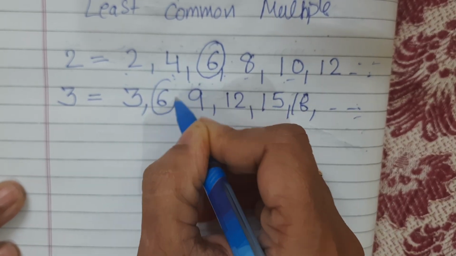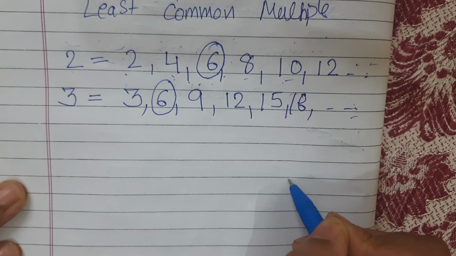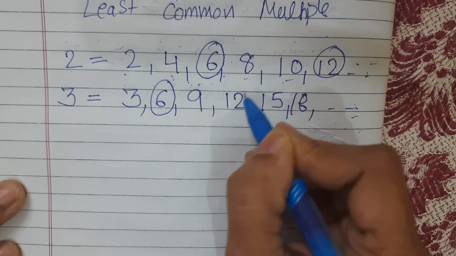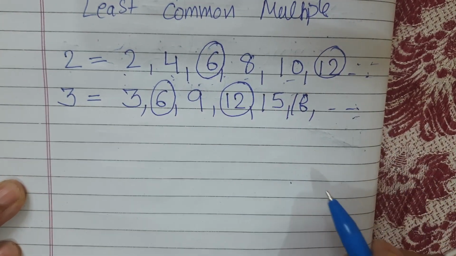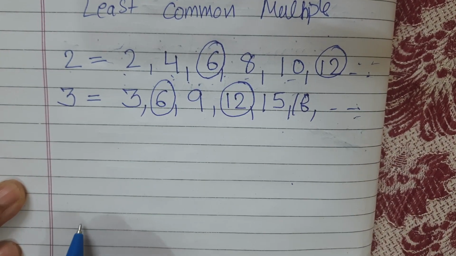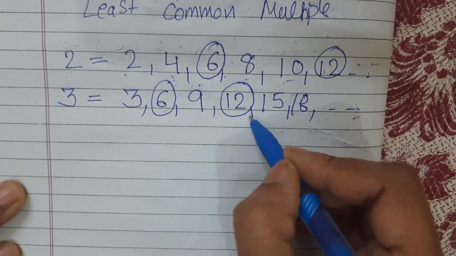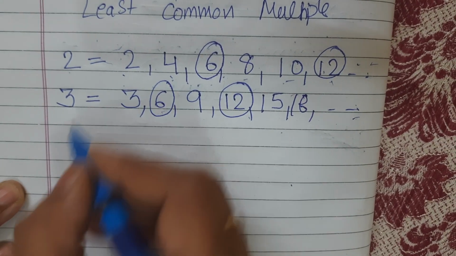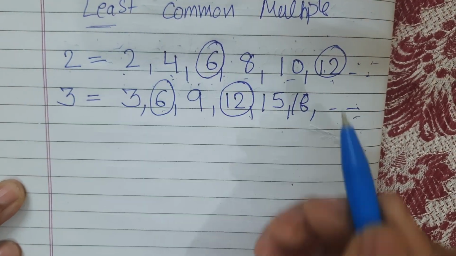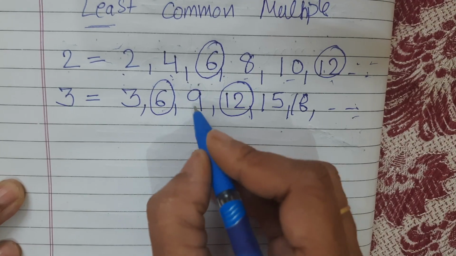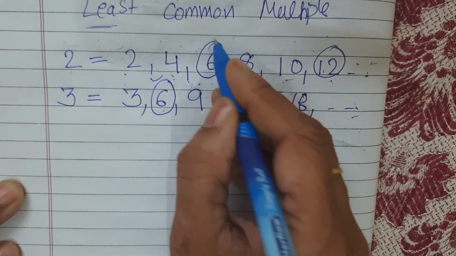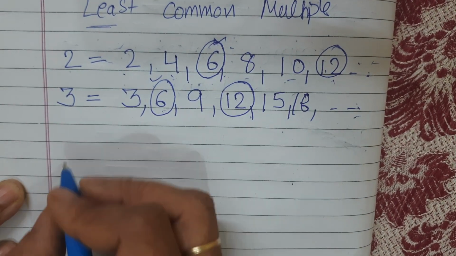6 and 6 is common. Then 12 and 12 is common. So what do you notice? There are more than one common multiples, right? But we are talking about least common multiple. So the least common multiple is 6, the smallest common multiple.